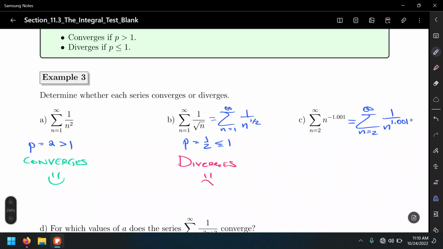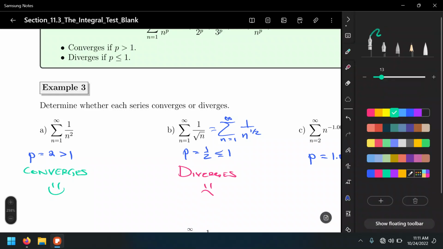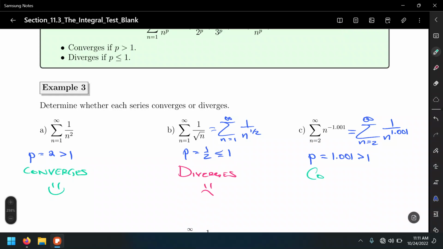If we observe the number, p equals 1.001. Just because of the decimal 0.001, that's going to make a huge difference. That's the difference between having our series converge or diverge. And in fact, because this number is greater than 1, that's going to be a convergent series.